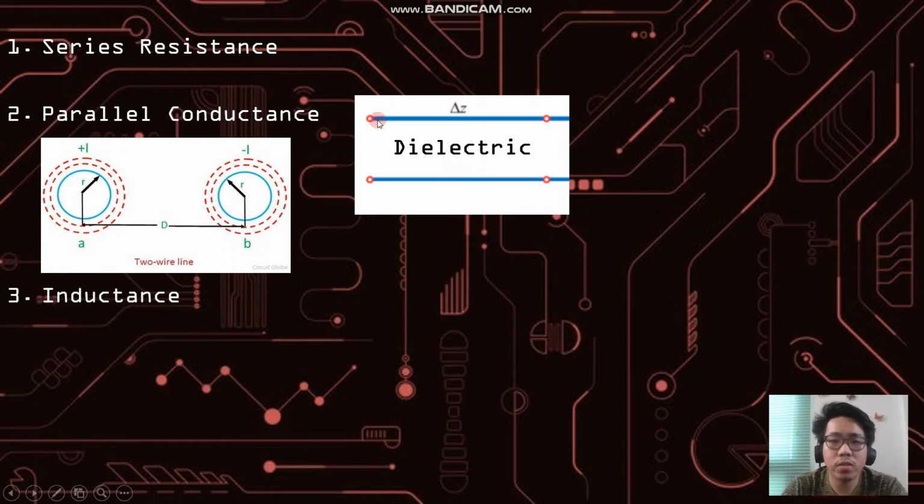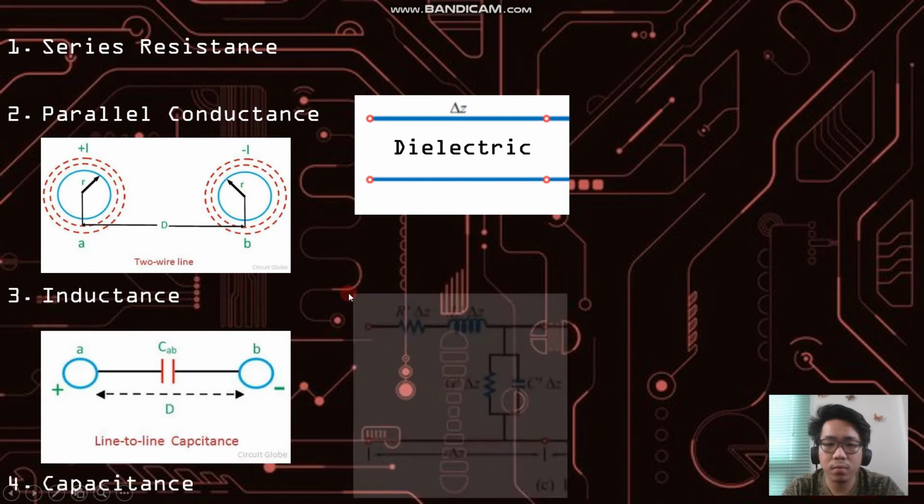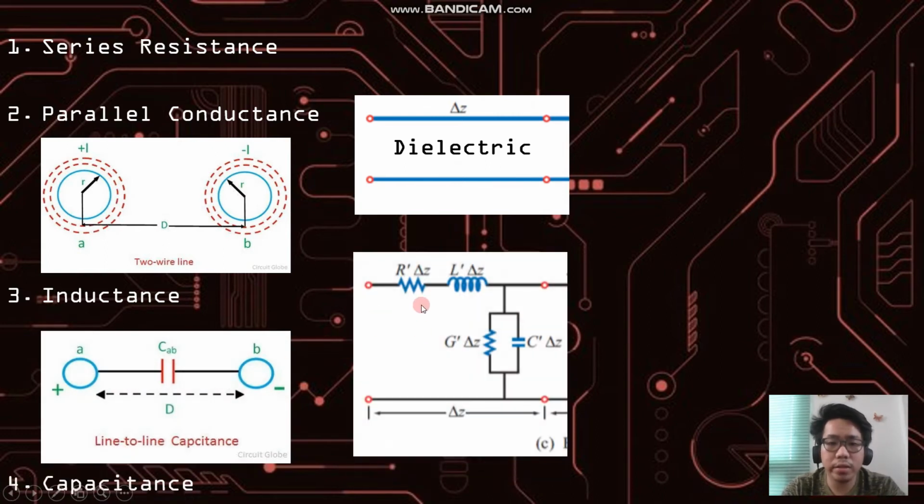Lastly, we can observe the structure of the transmission line as a capacitor. The conductors act as the parallel plates of the capacitor with a dielectric between them. Therefore, the transmission line also has the property of capacitance. So this is the circuit diagram of the transmission line with its four parameters in consideration.